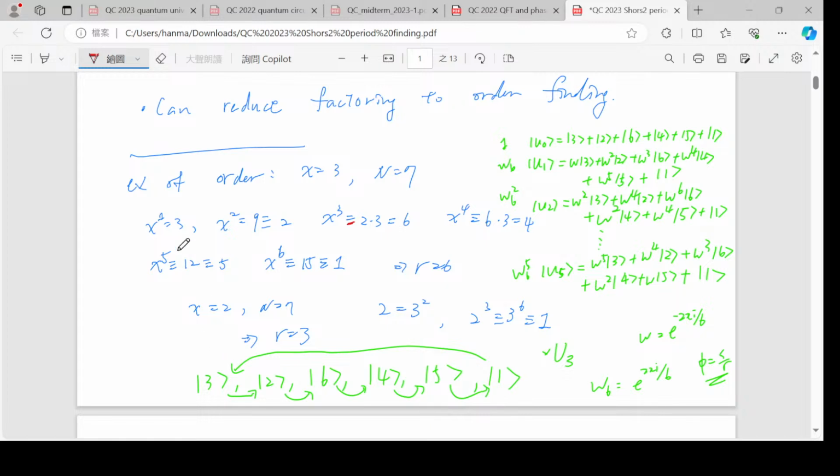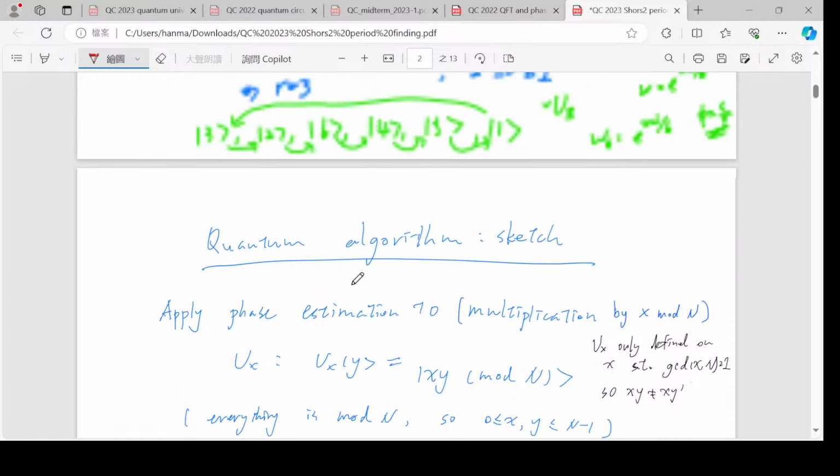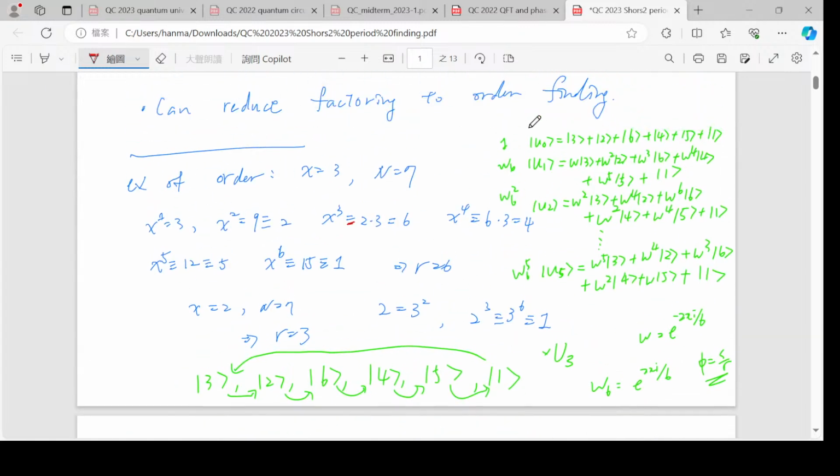Because multiplying by 3 has this cyclic permutation, if we take some Fourier superposition over those 6 states, then we will get an eigenstate of this multiplying unitary.